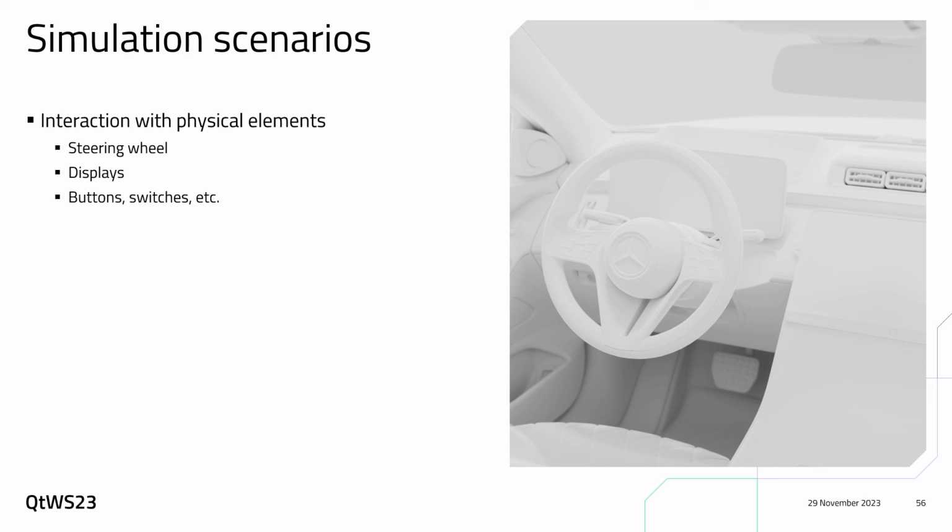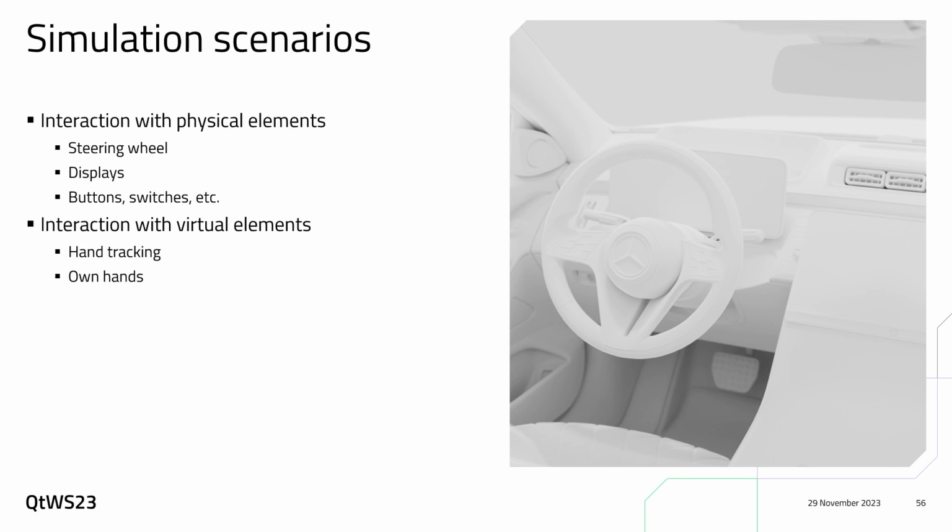First, our idea was to interact with physical elements. So we built the cockpit with a physical steering wheel and physical display to have a fully immersive experience in mixed reality. Of course, as the guys mentioned, we can add next elements to that.